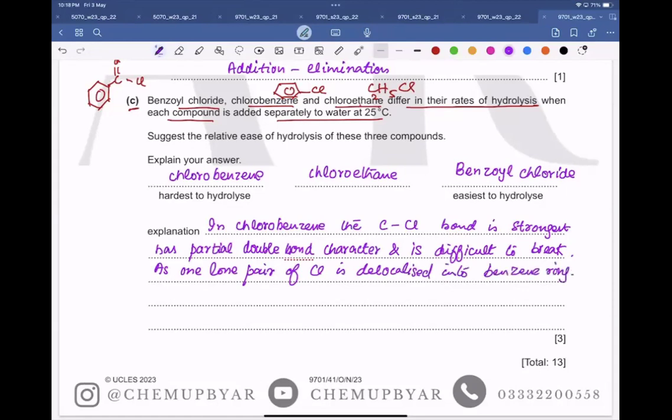So that's what we need to say about chlorobenzene. Chlorine is electron withdrawing, so that's why chlorine is sharing one more pair of electrons with the benzene. As a result, the partial double bond character develops and this bond becomes stronger, the strongest.